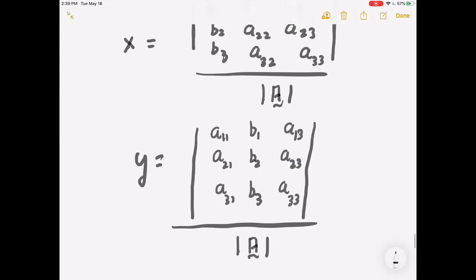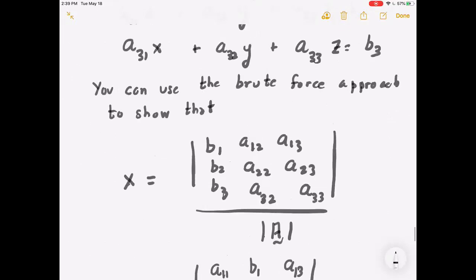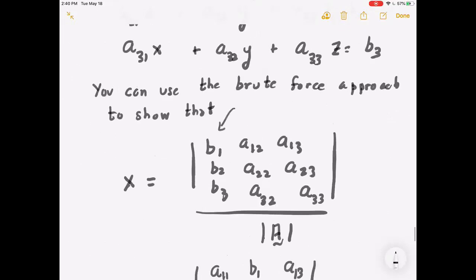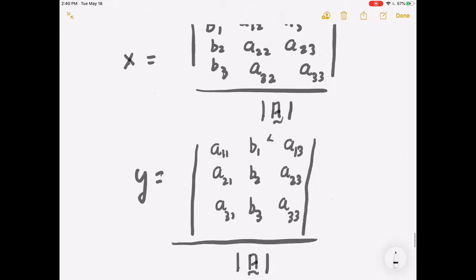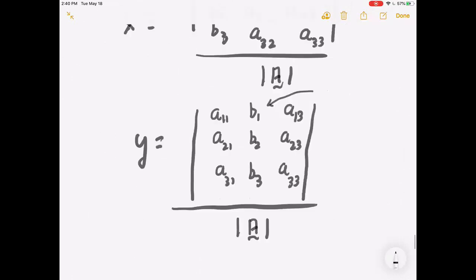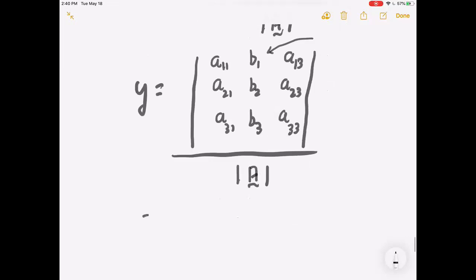And again, you see the pattern. The first column of the coefficient matrix is replaced by b1, b2, b3 to get X. The second column of the coefficient matrix is replaced by b1, b2, b3 to get Y. These are things you discover when you do the calculation.